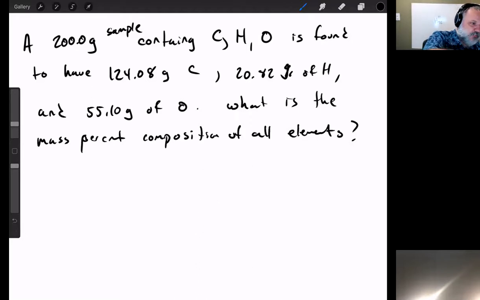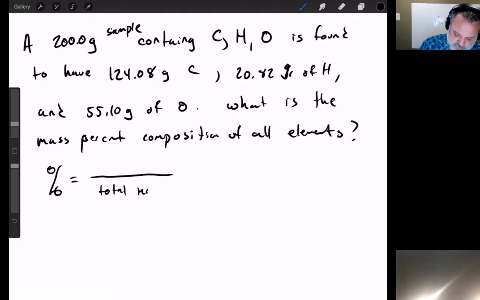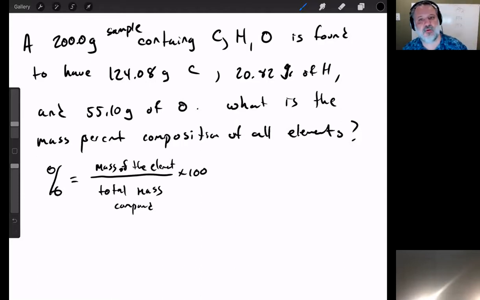Is it 200 grams? Well, the formula didn't change, right? The mass percent composition is still the mass of the element divided by the total mass of the compound, times 100.